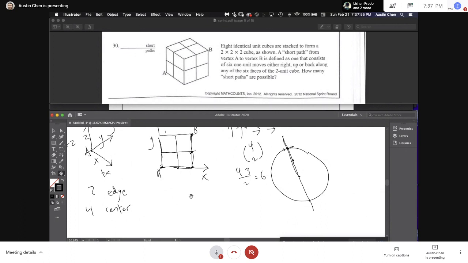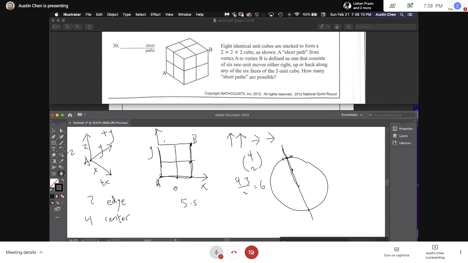Now, it's not going to be 5 times 5, right? It's not just going to be, we have five possibilities for where to place each positive z move, so then it's just going to be 5 times 5. It's not going to be that, right?